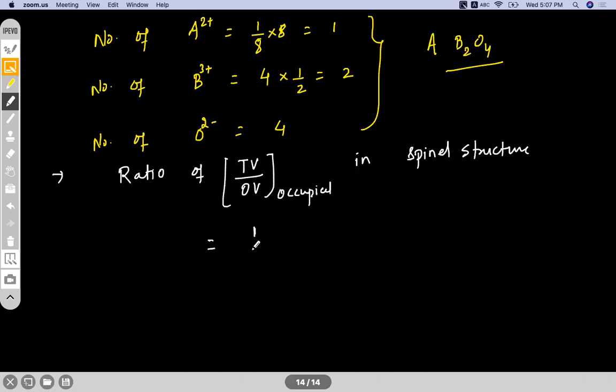The number of octahedral voids occupied is 2. So it is 1 by 2.